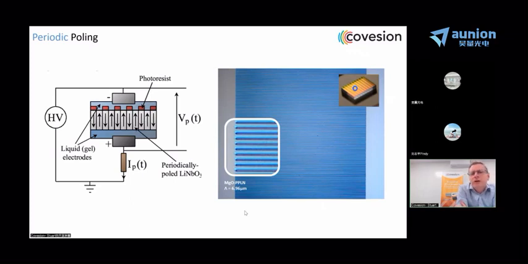So on the right-hand side of the slide there, the little photograph inset shows you one of our crystal chips. And then the larger picture shows you a microscope image where we've zoomed in to show you the grating structure, and then a further zoom in so you can see some of the details of the quality of the grating that has been formed.